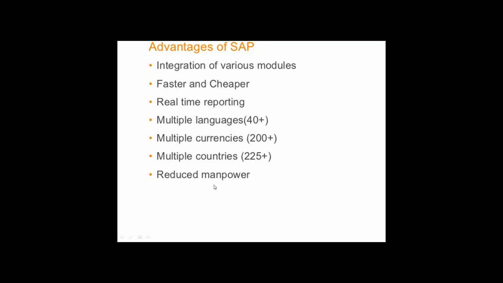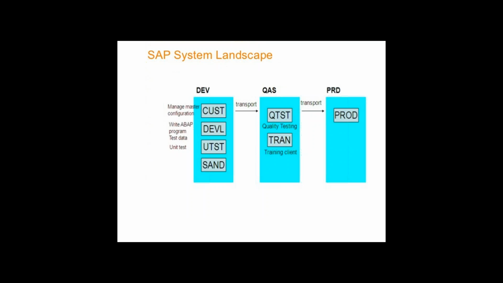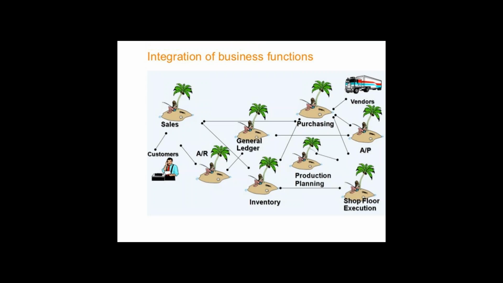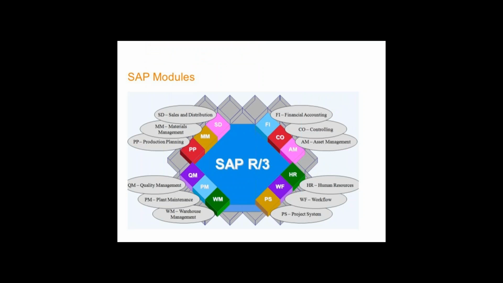Then, any technology obviously reduces manpower, compulsorily. Then go for concepts. Here in SAP we have different kinds of modules. Every department will be treated as one module. Module means department. In SAP we call it modules; in general terminology we call them departments.